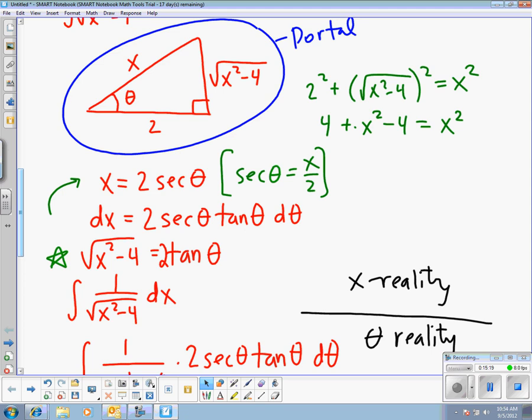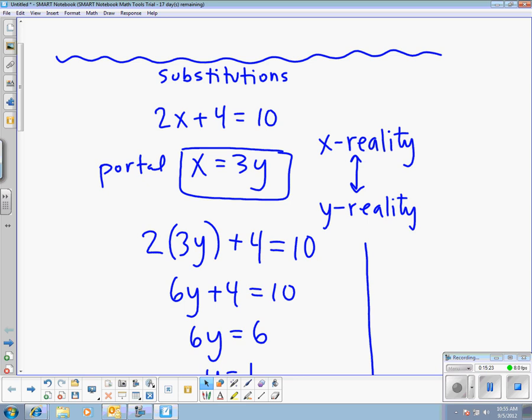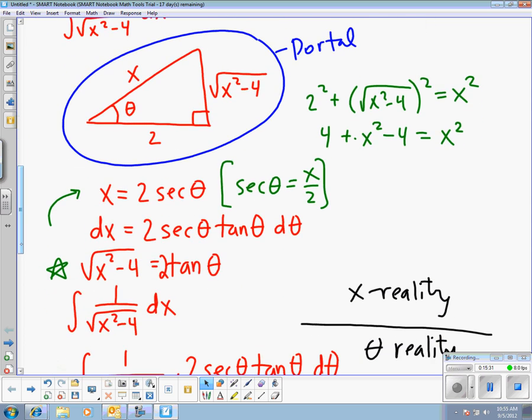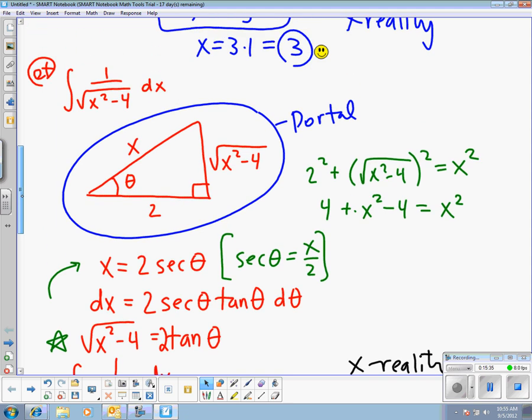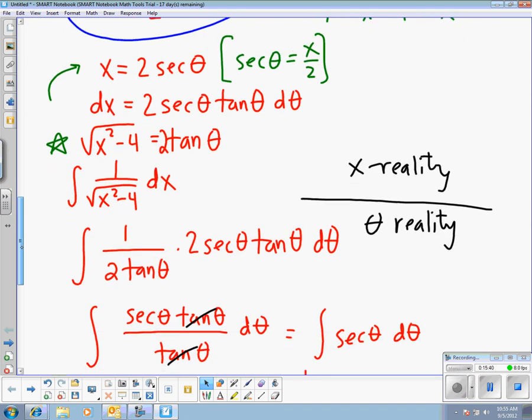Okay, you need a relationship in your doorway. Remember, my relationship on this opening problem was x equals 3y. That relates x and 3y and lets me change between worlds. So I do that here, except I'm using theta and x. And I substitute out all parts of my original, including dx, and I put those all in terms of theta.